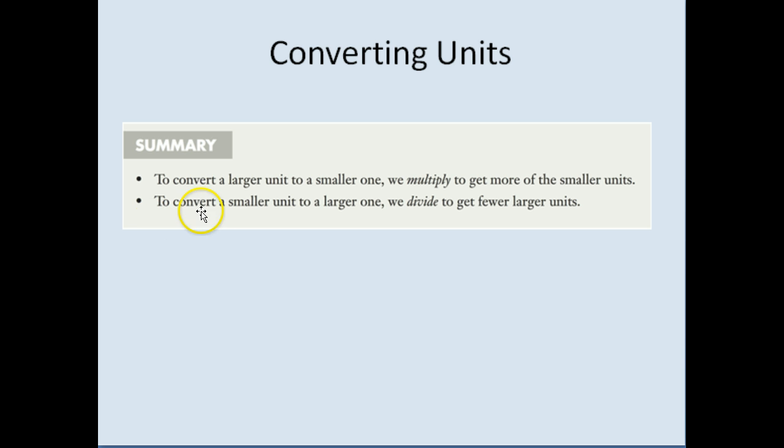When we're going from a smaller unit to a larger unit, we divide. And that's a really important part. This summary here is probably the most important thing you need to remember from this lesson. A lot of people struggle with converting units because it feels like you're doing it backwards. So you need a lot of practice at this topic. So please copy down these notes.